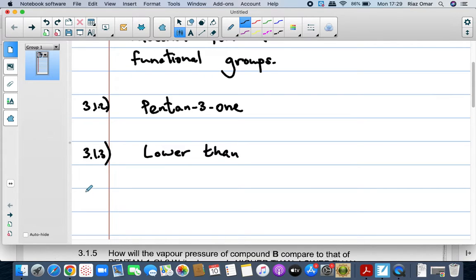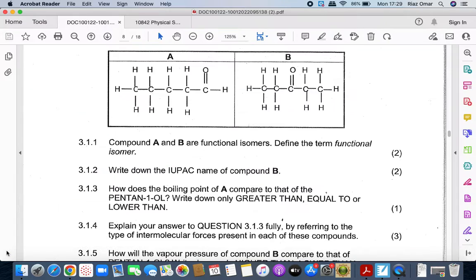Okay, 3.1.4. The question is, explain your answer to question 3.1.3 by referring to the intermolecular forces present in each of these compounds.